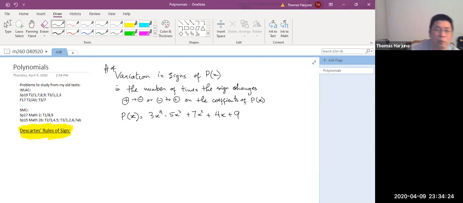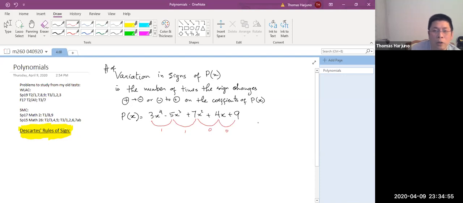Then the number of variations in signs of this polynomial will be one time here. Notice that from positive 3 becomes negative 5. As positive becomes negative, that's one time change. And from negative 5 to positive 7, that's another one time change. From positive 7 to positive 4, no change of sign.